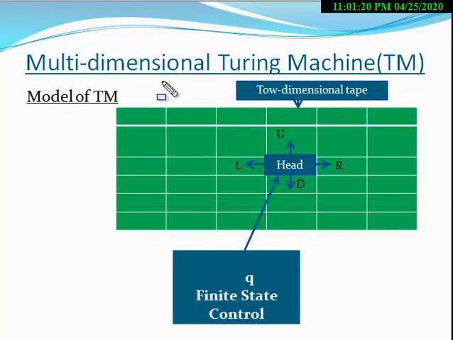Now let us come to the next type of Turing machine. The next type of Turing machine is the multi-dimensional Turing machine. In this type of Turing machine, a multi-dimensional tape will be used. In the previous types of Turing machine, only a single-dimensional tape was used.